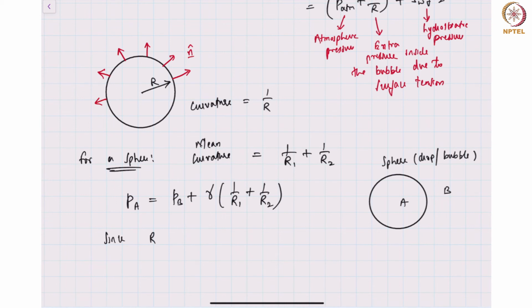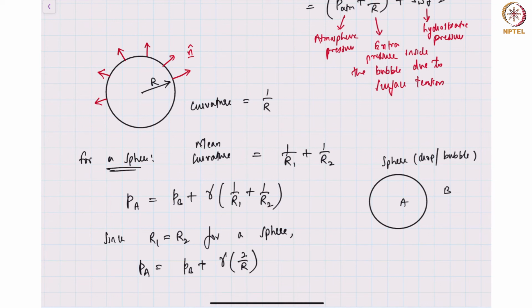Since R1 is equal to R2 for a sphere, because everywhere the radius is the same, PA is equal to PB plus gamma times 2 by R. That 2 by R is the mean curvature.